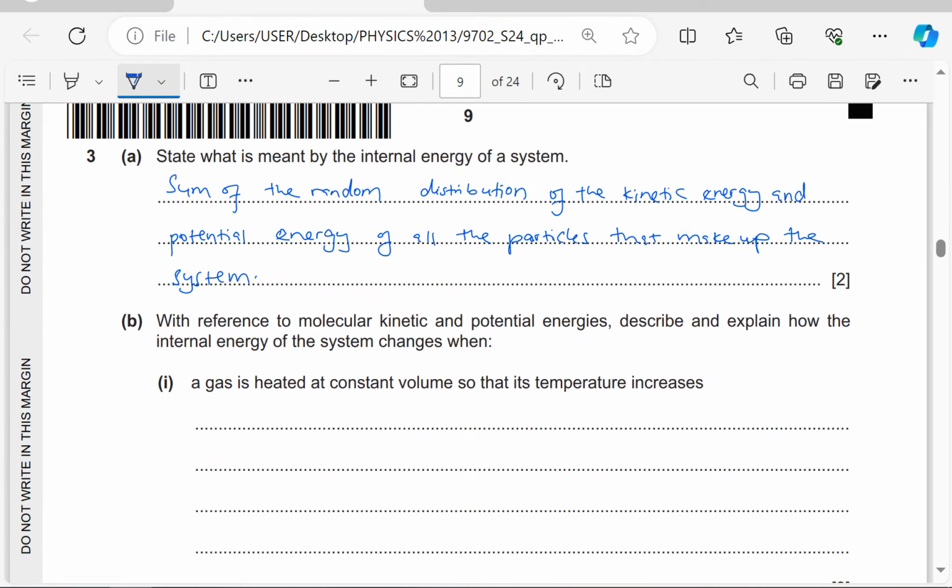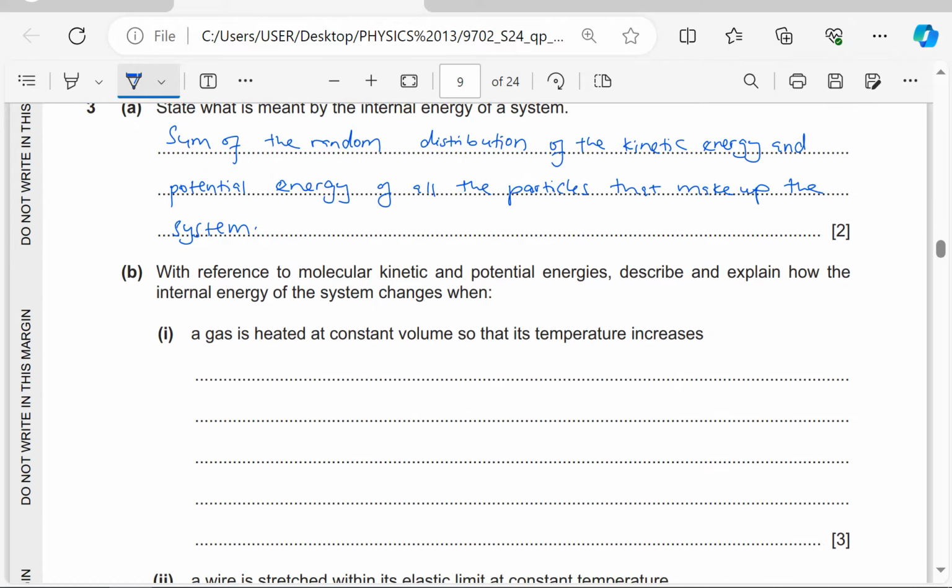With reference to molecular kinetic and potential energies, describe and explain how the internal energy of the system changes when a gas is heated at constant volume so that the temperature increases. Here the temperature increases, it means the kinetic energy part is increasing. The volume is constant, it means the separation is not changing.